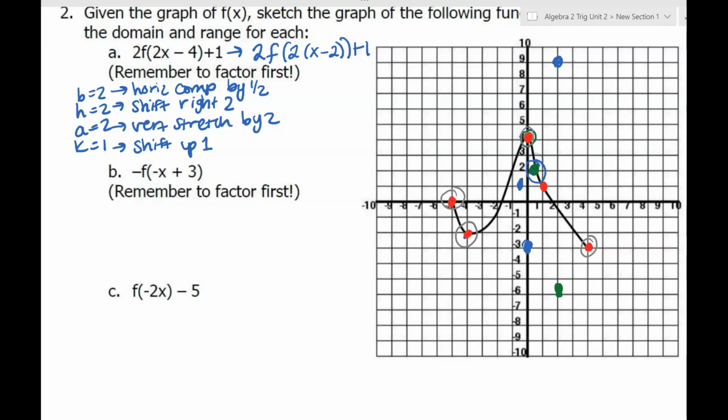This point here is going to go right 2, up 1. And this point down here is going to go right 2, up 1. So now we would see that final graph.